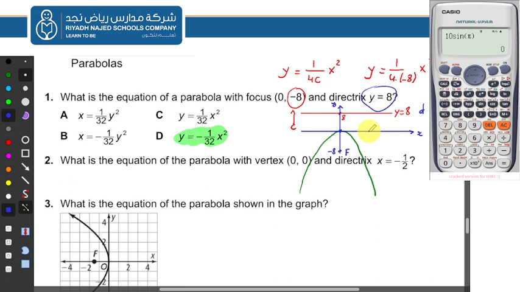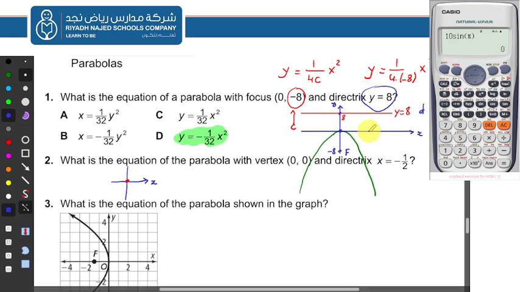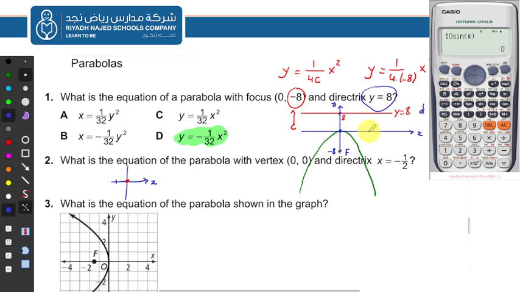Next question, again, draw, get an idea about the parabola. Here, in the second question, we are looking for the equation of the parabola with the vertex (0, 0). So again, even a small drawing will help. The vertex is at (0, 0) again, and the directrix now is x equals negative 1 over 2. x is the horizontal axis, so it is somewhere here.